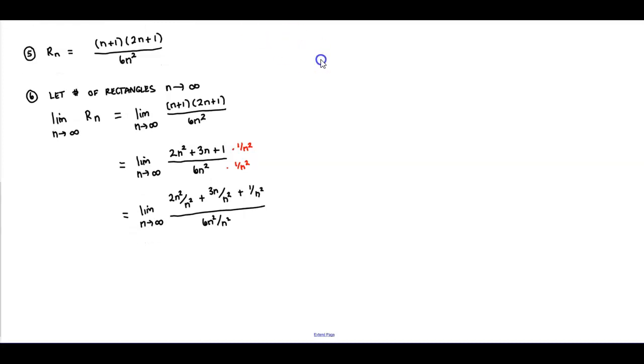Okay, so now when we simplify this a little further, we get the limit as n approaches infinity of 2 plus 3 over n plus 1 over n squared, divided by 6.